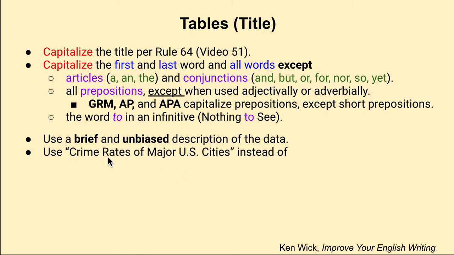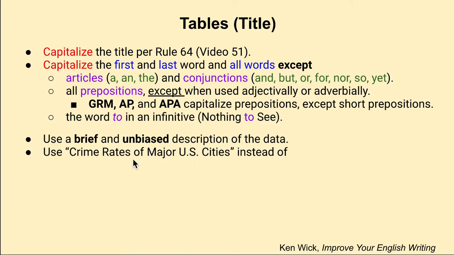So you use "Crime Rates of Major U.S. Cities" as a title, because this is brief. Someone could say, could it be even shorter? I'm not too sure. And unbiased. This is definitely unbiased.